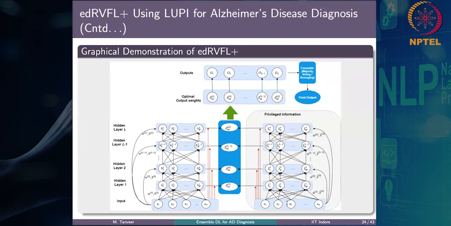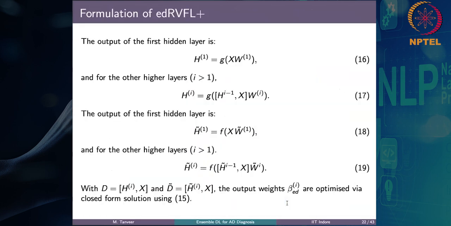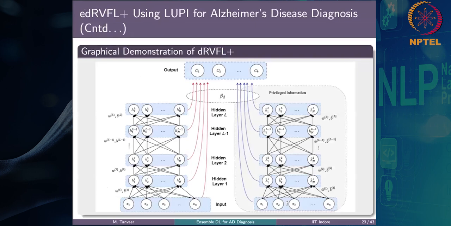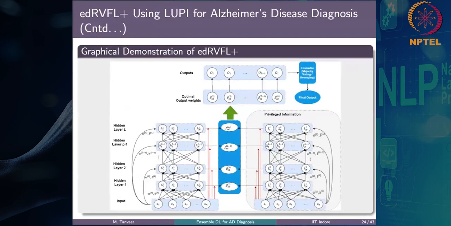So the first hidden layer can be represented in equation 16, that is H1 equal to G(X W1). And higher layers can be represented as Hi equal to G(H_{i-1}, X, Wi). In a similar fashion, we also have the right-hand side privilege information.